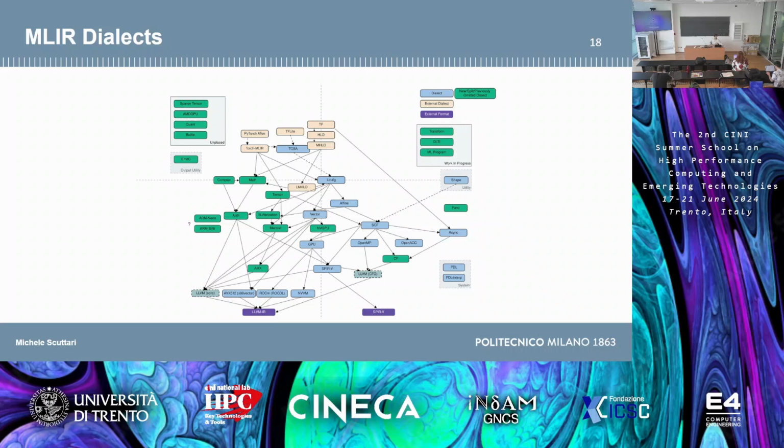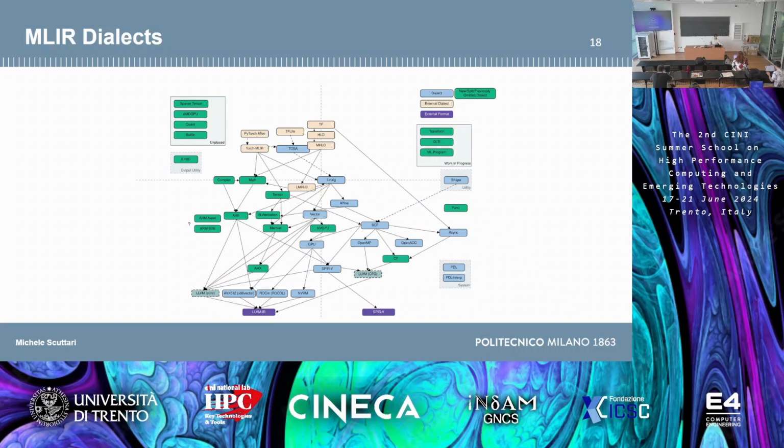The arrows lead from a higher level dialect to a lower level dialect. So dialects progress from higher level at top to low level at bottom. At some point, you can transform a tensor dialect into a memory reference dialect, so get out of the tensor representation and map in memory in order to obtain a code that can be compiled by LLVM.